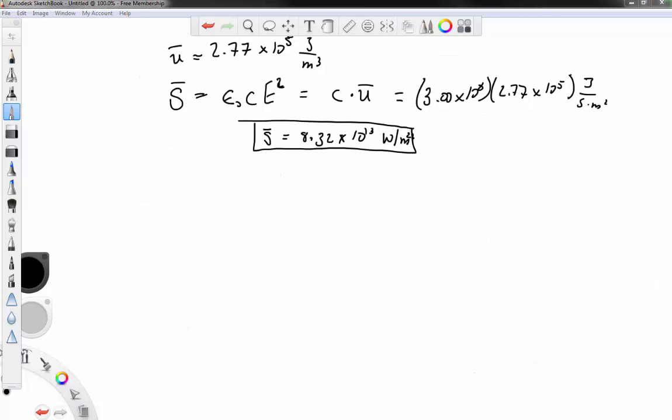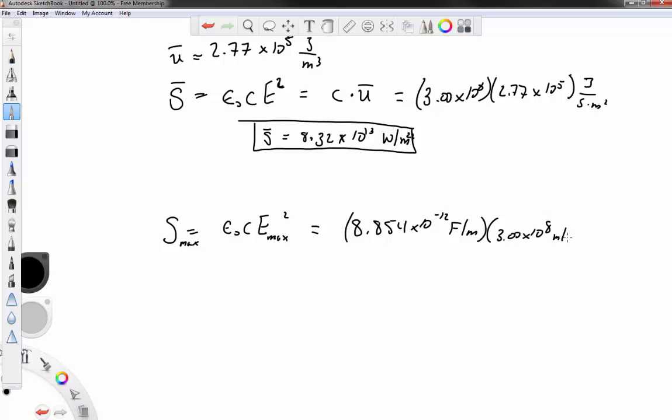Now your maximum intensity you can obtain by using S max is equal to epsilon naught C times E max squared. So E max was 250 megavolts per meter. So this ends up being 8.854 times 10 to the minus 12 farad per meter times 3.00 times 10 to the 8 meters per second times 2.50 times 10 to the 8th volts per meter.